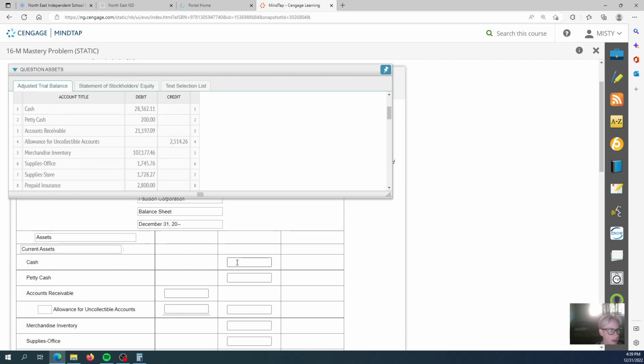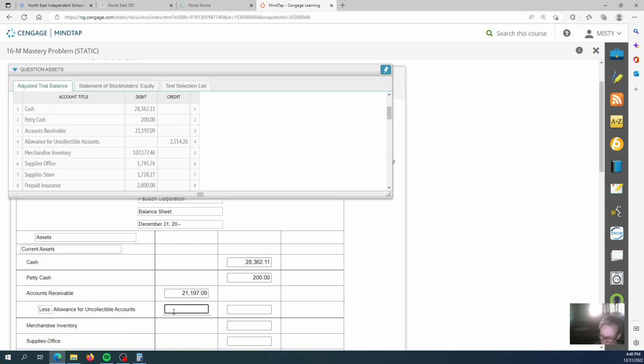Okay. Cash. 28,362 and 11 cents. Petty cash 200. Okay. Then we have accounts receivable. Okay, accounts receivable minus or less allowance for uncollectible accounts, right?